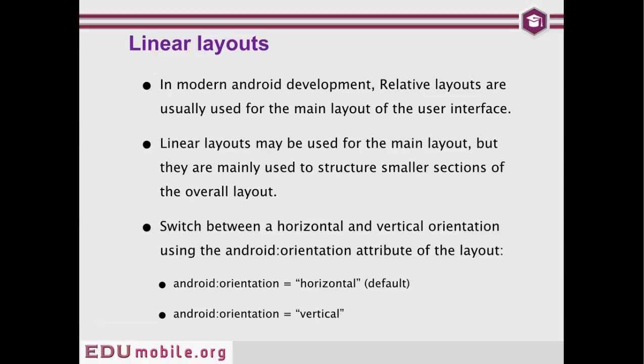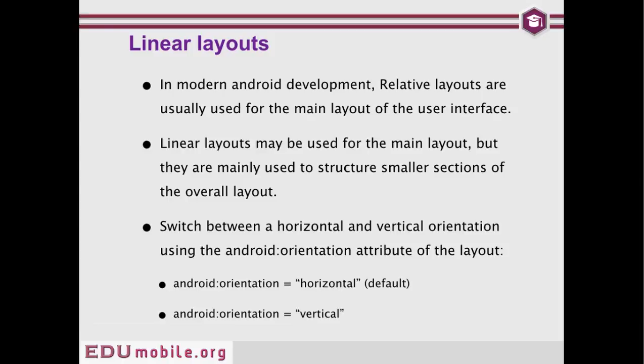Okay, so let's look a little bit more at linear layouts in specific. Now, again, in modern Android development, we use relative layouts for the main container of the user interface, but linear layouts still have a use in fragments and also smaller portions of a relative layout.